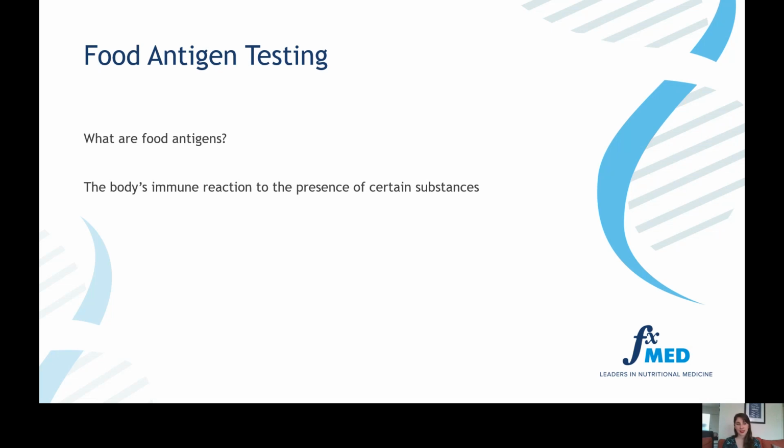So sometimes substances in our body elicit or bring forward a certain reaction of our immune system, and we really like our immune system to respond to things like pathogens, but sometimes it can start responding to things like food, and we would like to avoid having immune system activation where it's not needed. We want to save our immune system activation for pathogens that are around and for things that it would be helpful for, as opposed to our body reacting to food and spending a lot of energy and time on that.